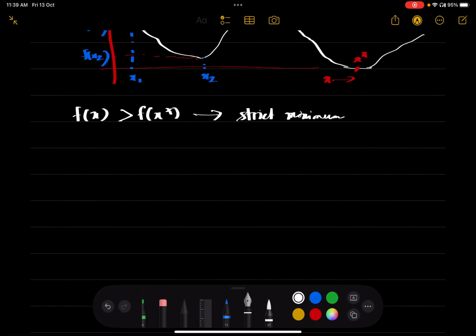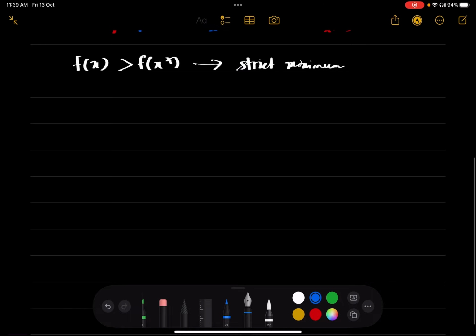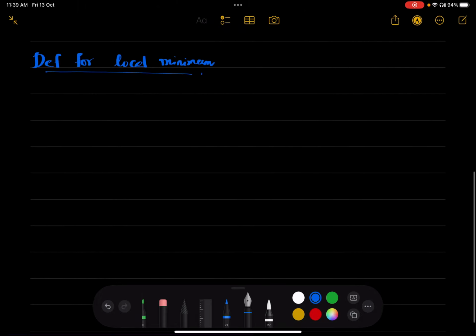Then let's see what is the definition for a local minimum. In a local minimum, the idea is confined to a particular interval. We are not looking at the entirety of the domain of the function.